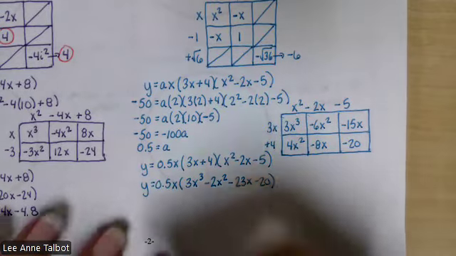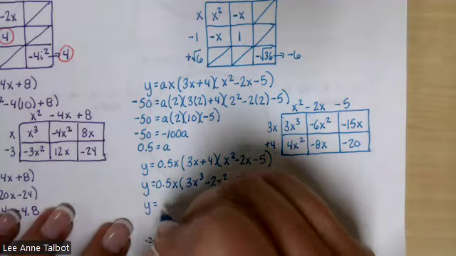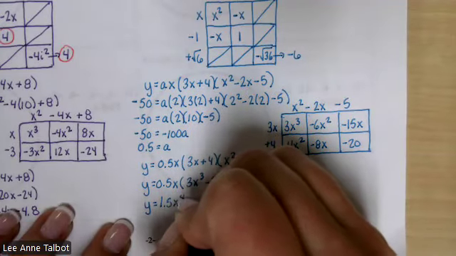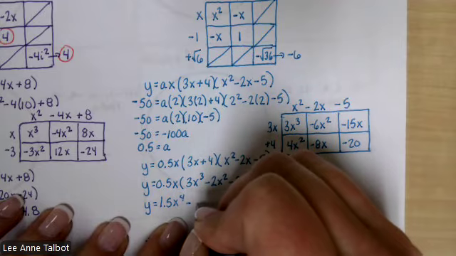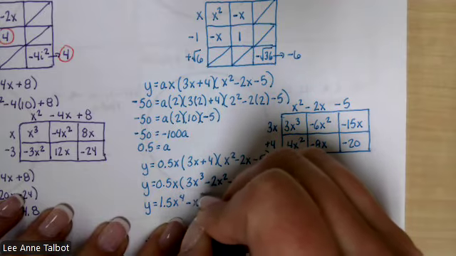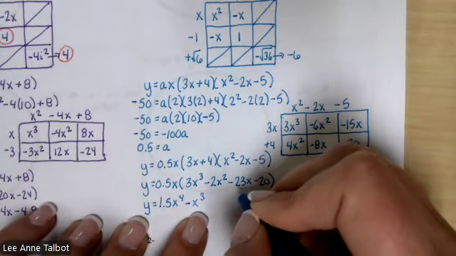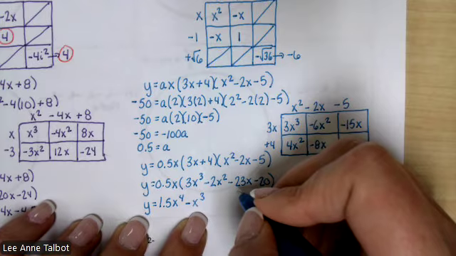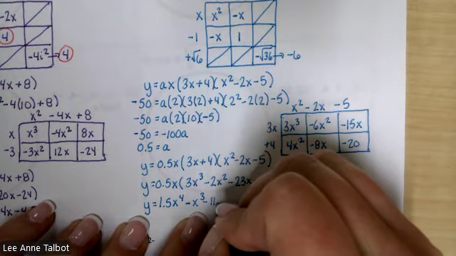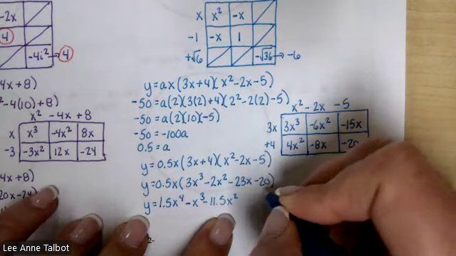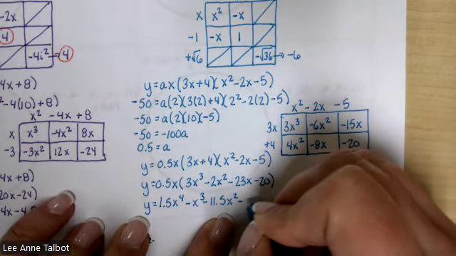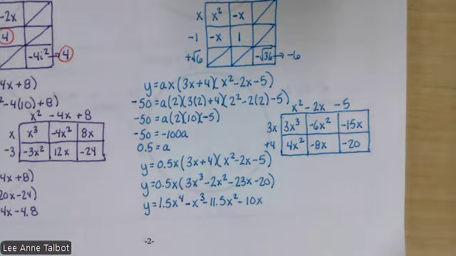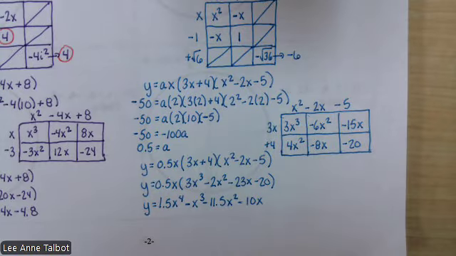Okay, last step, distribute. What's half of 23? 12.5? 11.5. Holy shnikes.